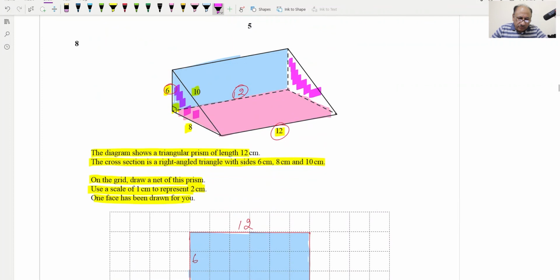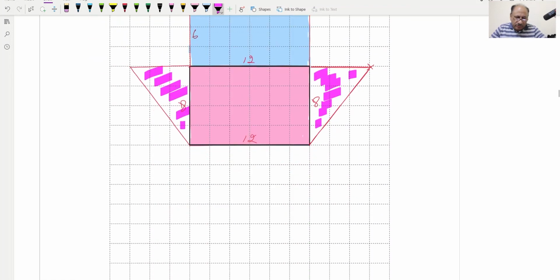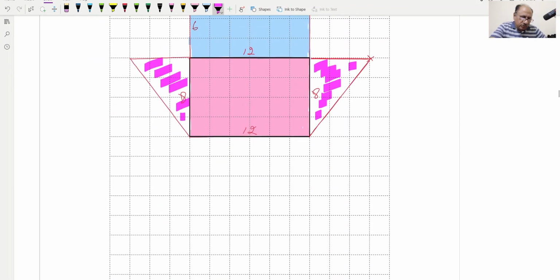Hopefully you understood this. Now only one side is remaining, which is basically 10 and 12. So 10 and 12, 12 is already there, so we can take the 10 side, this one, 2, 4 and 5. So up to this one, 1, 2, 3, 4, 5, and similarly this side also, it will be the slanting side of the shape.